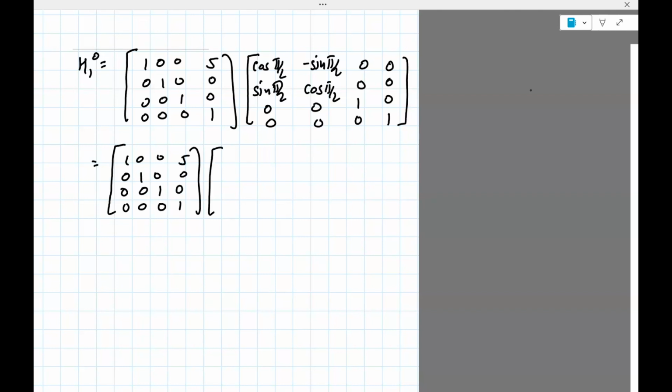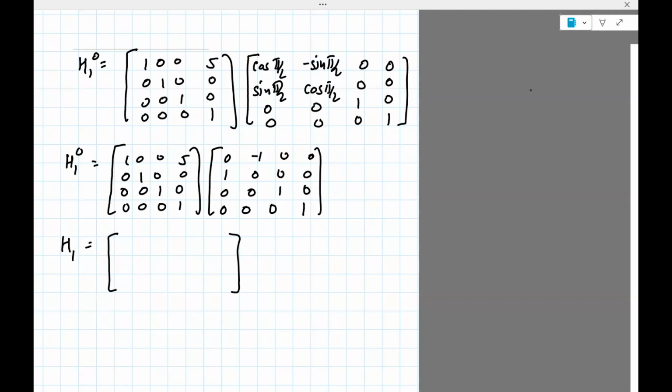Cosine of 90 is 0, sine of 90 is 1. I have not calculated this, but it's fairly straightforward to compute. Whatever you put here, I'll write it down later, but that's the answer.